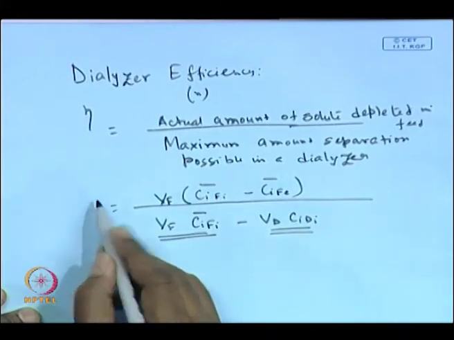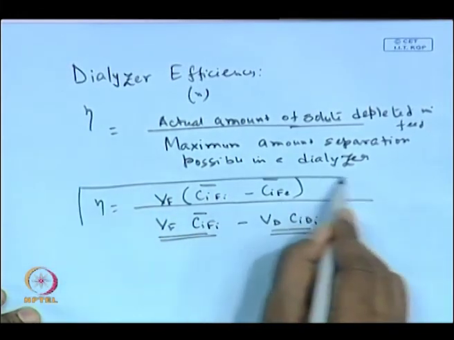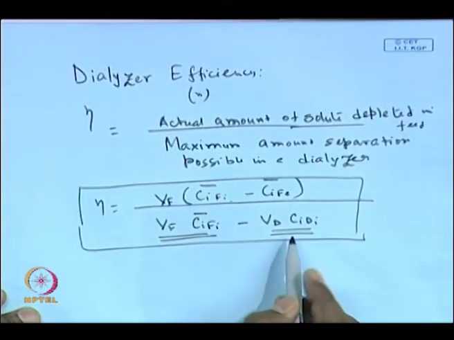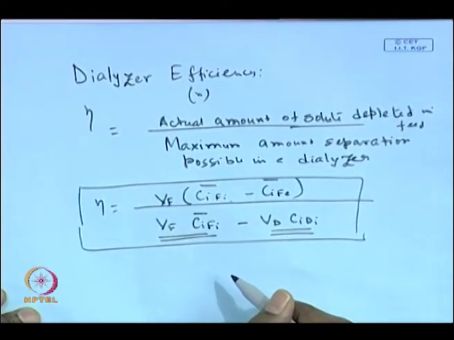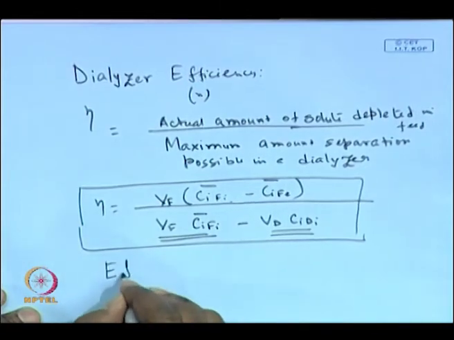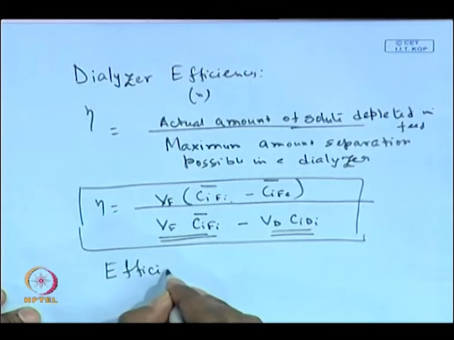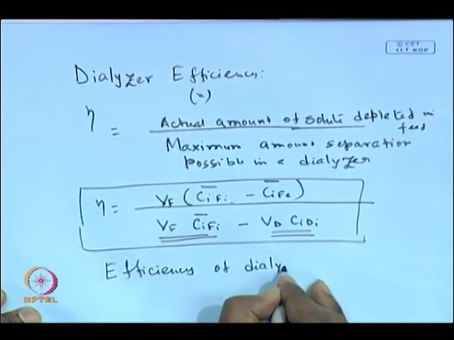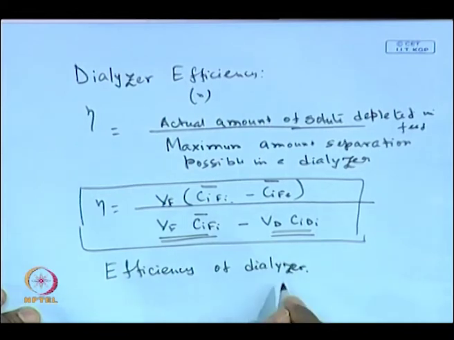So, sometimes by computing this quantity, knowing the values of all the other quantities, one can define the efficiency of the dialyzer as well. In fact, that is the way to calculate how to design an actual continuous dialyzer.